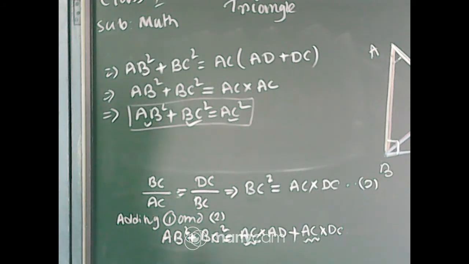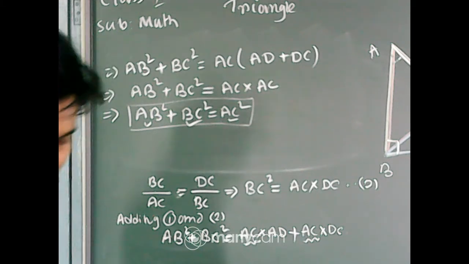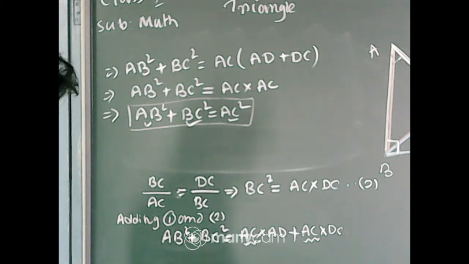One thing: there was a theorem, the converse part of the Pythagoras theorem. Unfortunately, the proof of the converse part of Pythagoras theorem is not in your syllabus, so we will not prove it. But I am telling you the statement.